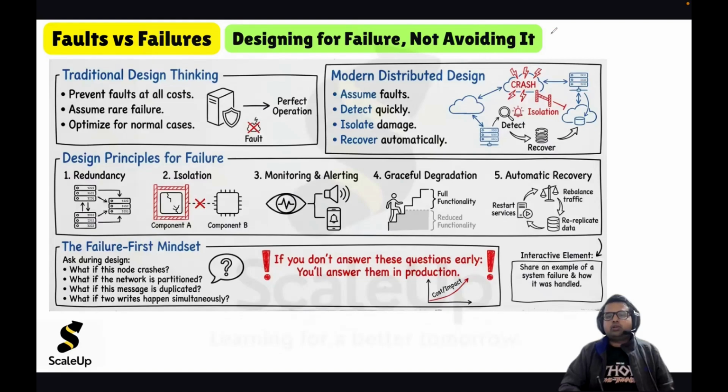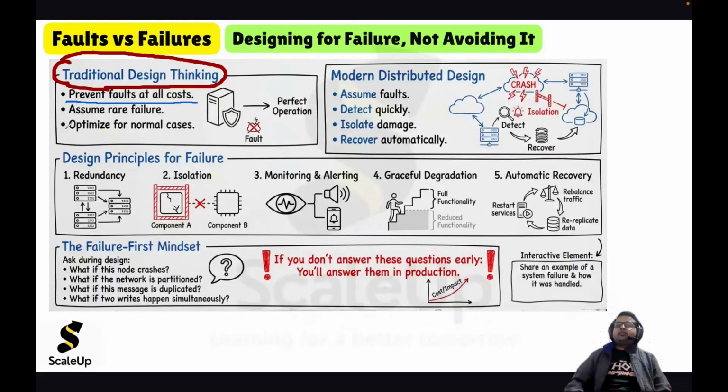So if we talk about traditional design thinking, we already saw it was aiming to prevent faults at all costs. Traditional design thinking was all about preventing faults, assuming rare failure, and optimizing for normal cases. So it focused on perfect operation.